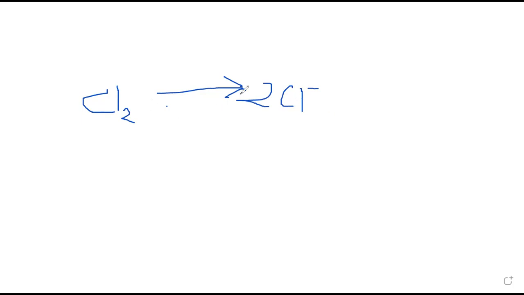Now to balance this reaction, I must add the 2 electrons this side such that I balance the charge. The atoms are balancing. This side I have a negative charge of 2, and this side I have a charge of 0. So I'll add the 2 electrons here to balance the equation. Is it clear up to that point?